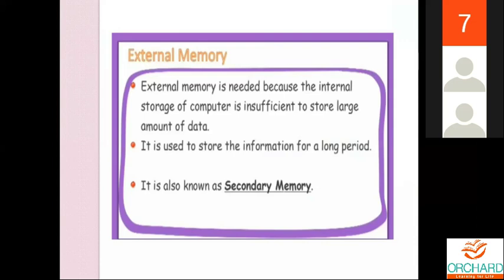We can say these external memories are data storage devices. If the CPU needs to access the data in the secondary memory, it first transfers the data to the primary memory, that is RAM, and then it is accessed by the CPU.